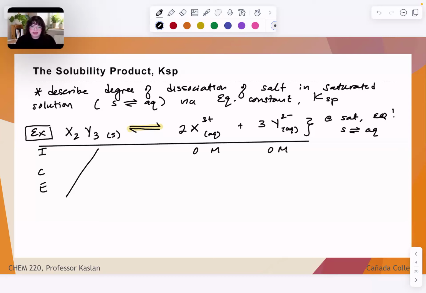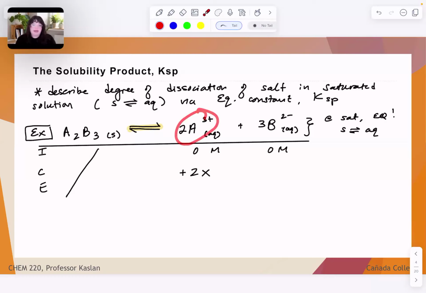So looking at my X ion, maybe X and Y was a bad choice. Let's call this A2B3, just so we don't have too much alphabet soup going on here.